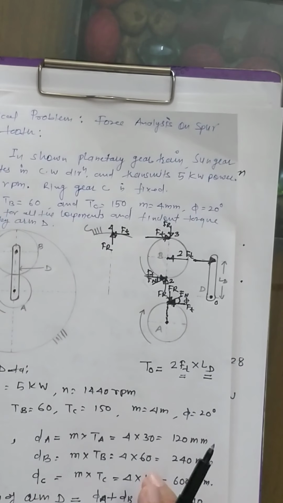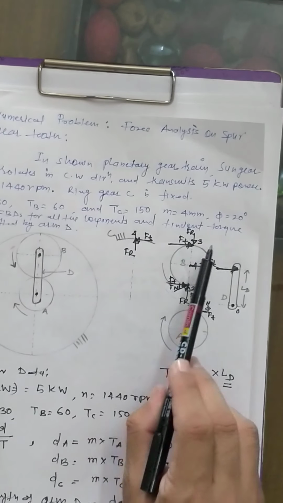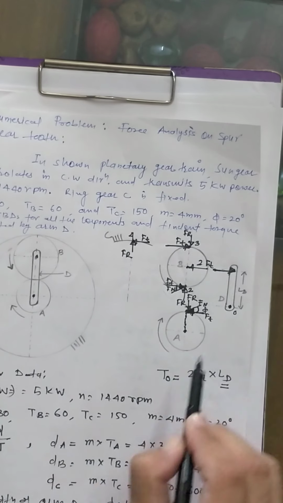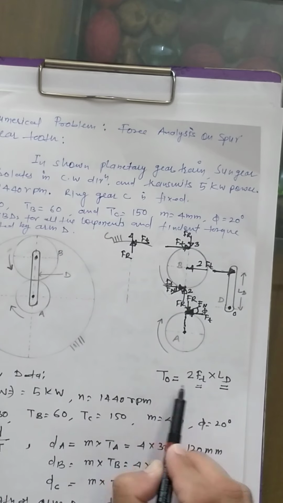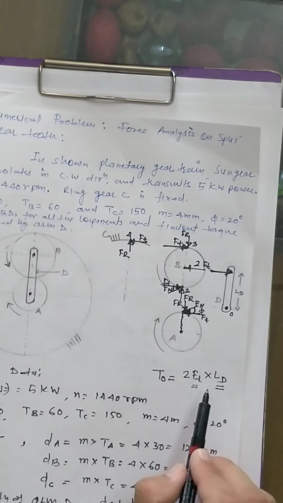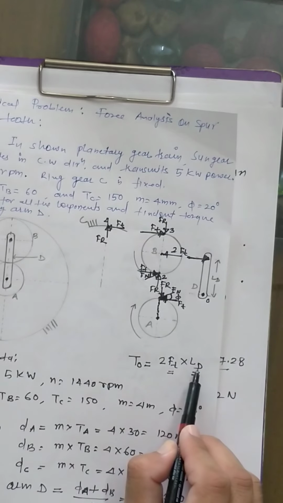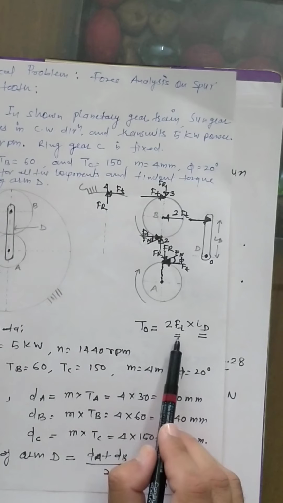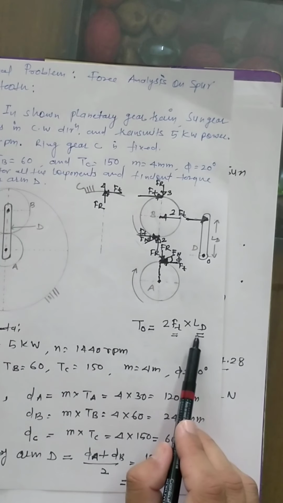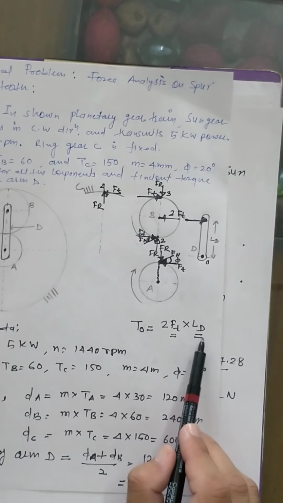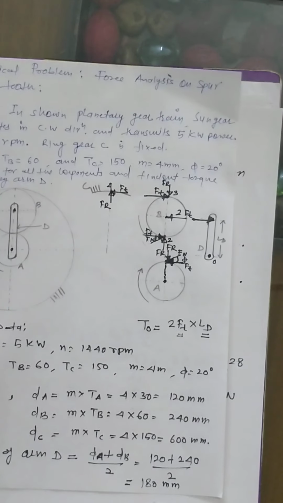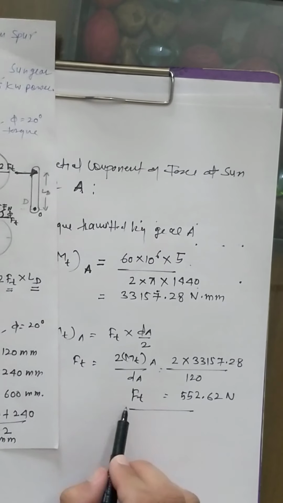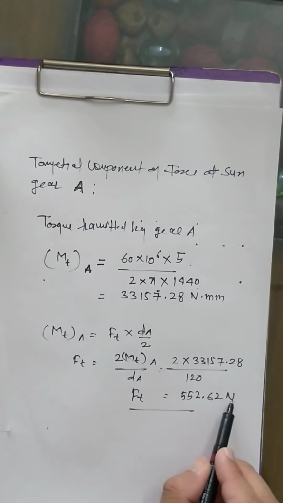So our ultimate goal is to find the torque transmitted by arm D on its shaft. Torque at this point O is given by 2Ft multiplied by the length of this arm D. Now we know both values, the value of Ft and the magnitude of LD. LD is 180 mm, not given, we found it, and Ft is 552.62 Newton.